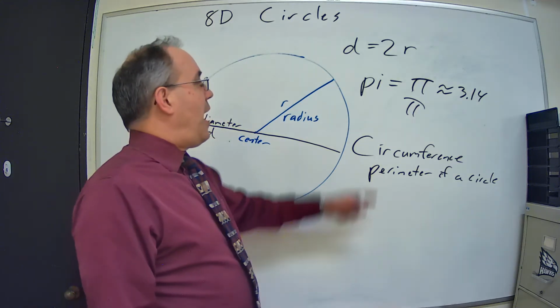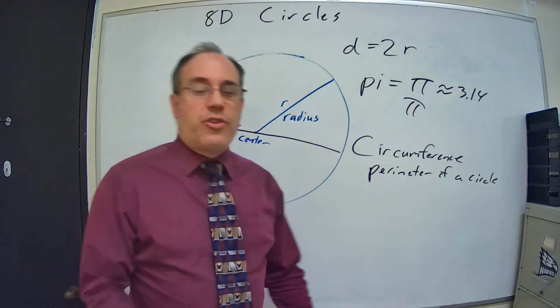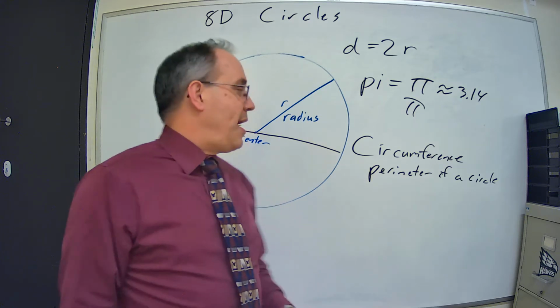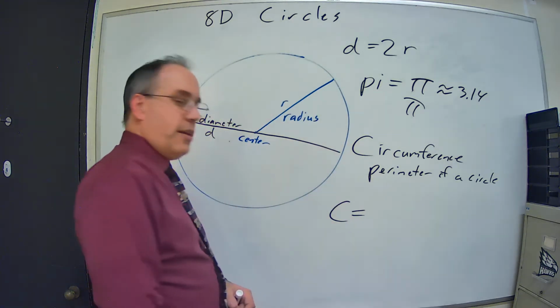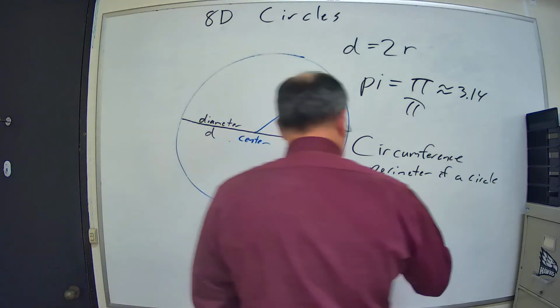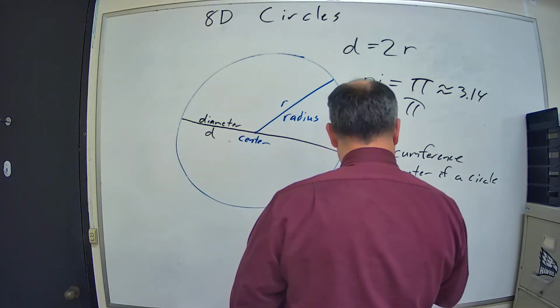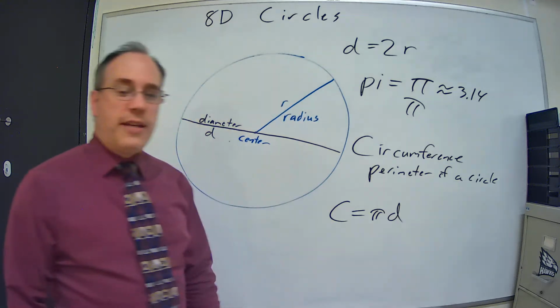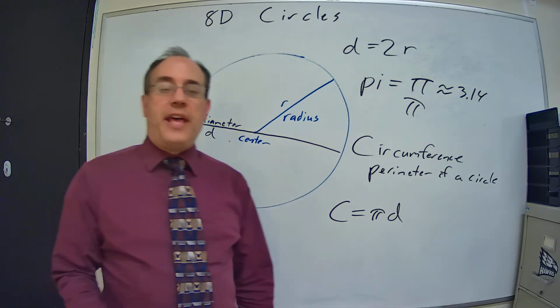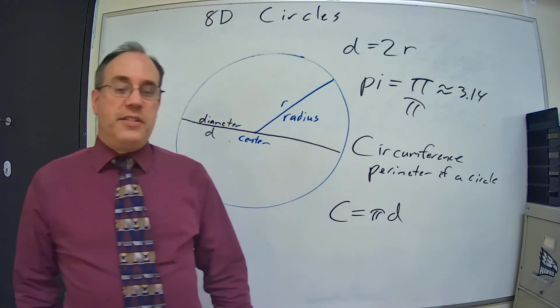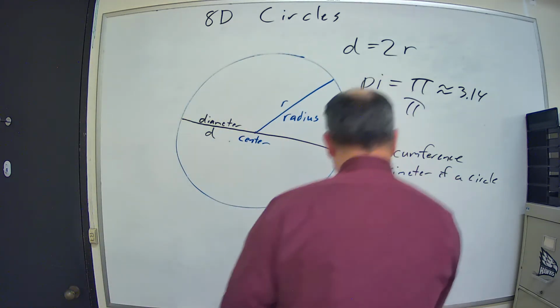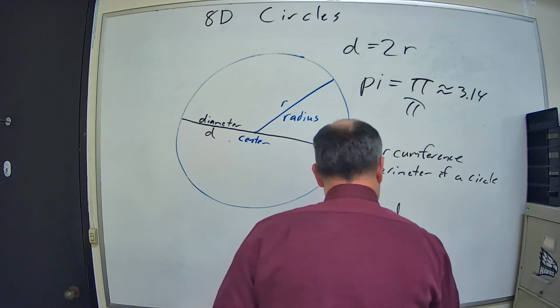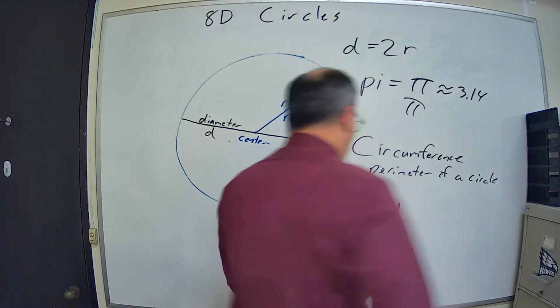But we know that pi is the ratio of the circumference to the diameter, so we can say that the circumference of a circle is equal to pi times d. We also know that d is equal to 2 times r, so we could also say that the circumference is equal to 2 pi r.